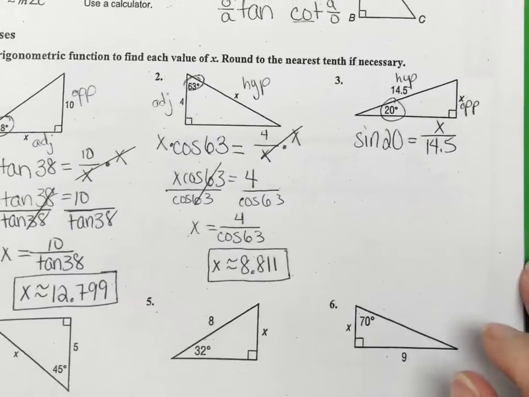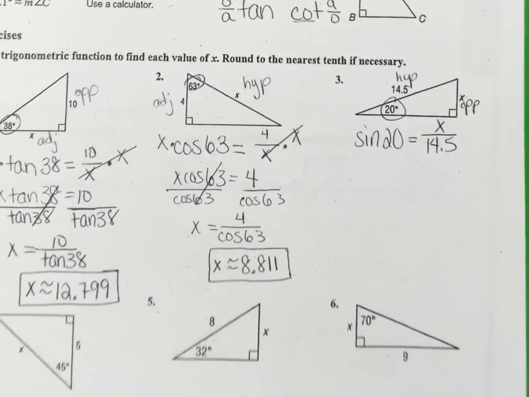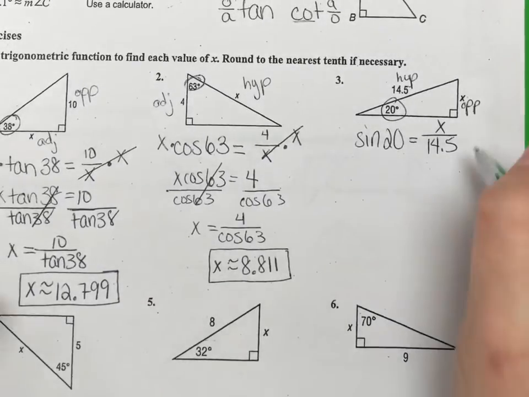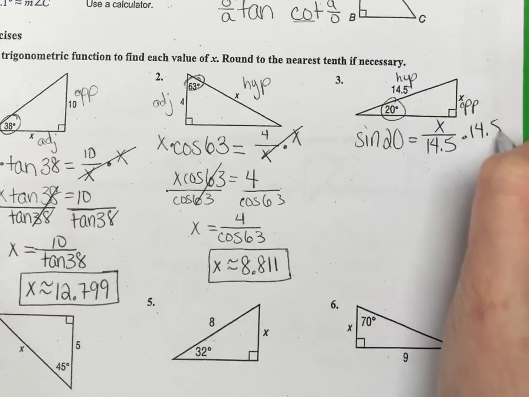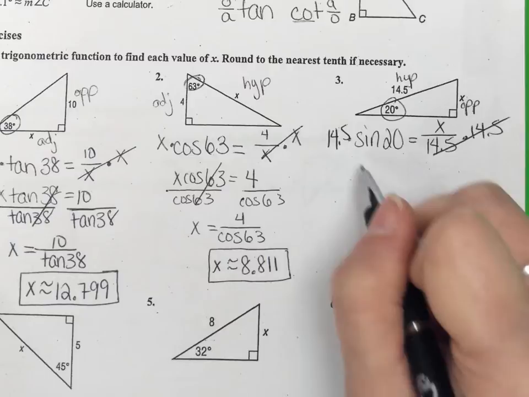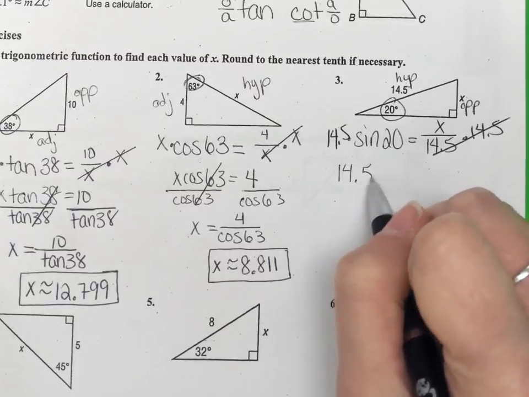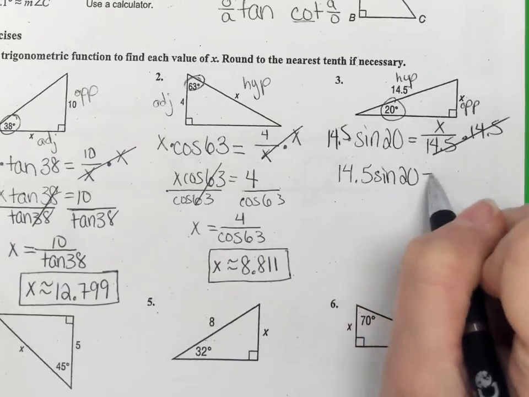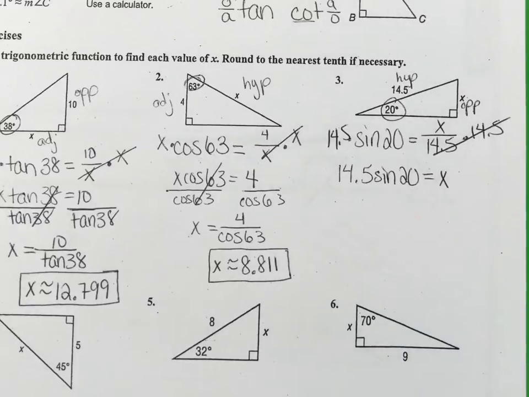Okay, did y'all set it up like that? Sine of 20. When you multiply by 14.5, x is already by itself, right? So you just plug it in your calculator. What'd y'all get?